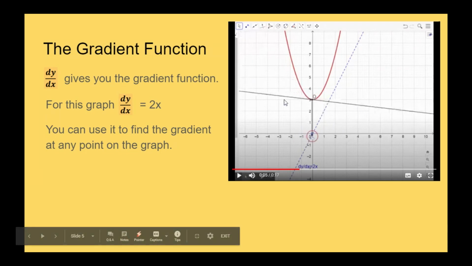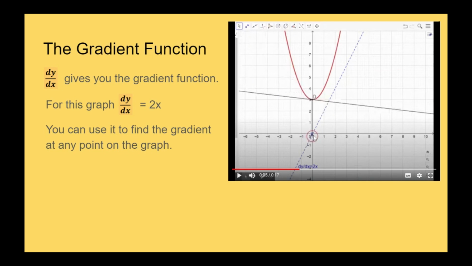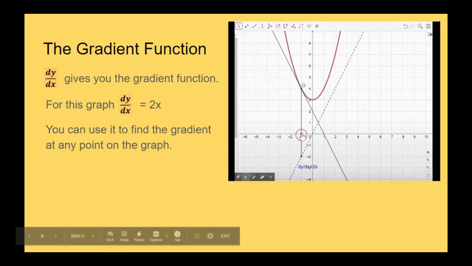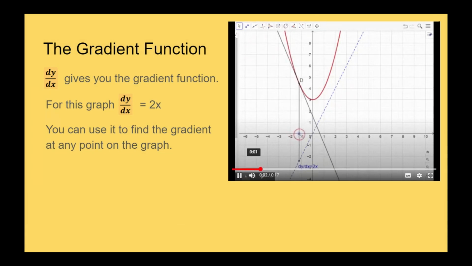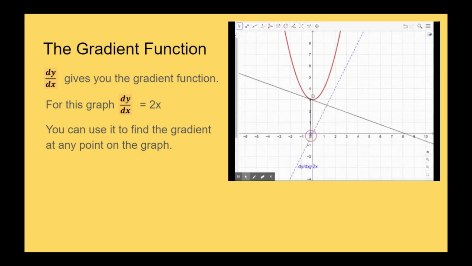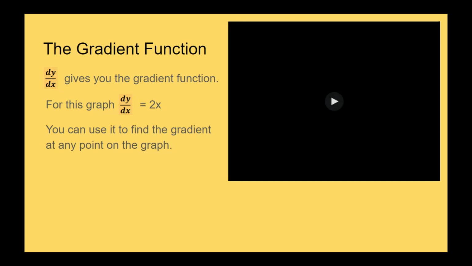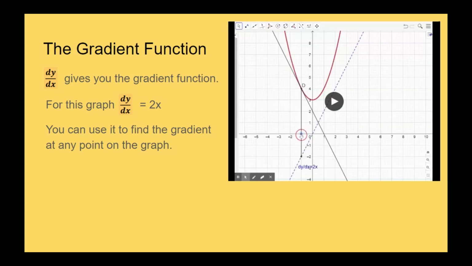So here the tangent to the graph is nearly horizontal, and the gradient function has a value of 0. Okay, so the point is that as the point moves on the graph, the gradient function will tell us exactly what the gradient of the graph is.